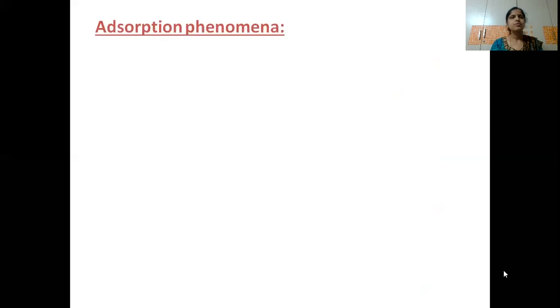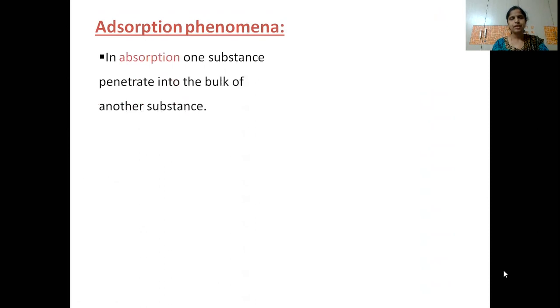Next we'll see what is the principle involved in it. The main principle involved in all the chromatography techniques is the adsorption phenomenon. You might have heard the term adsorption. There is another term known as absorption. So first we'll see the difference between absorption and adsorption. Absorption is nothing but one substance penetrating into the bulk of another substance.